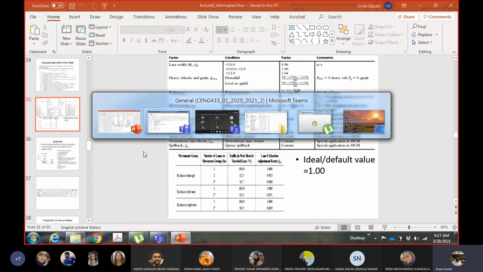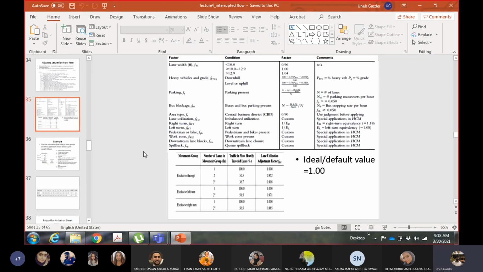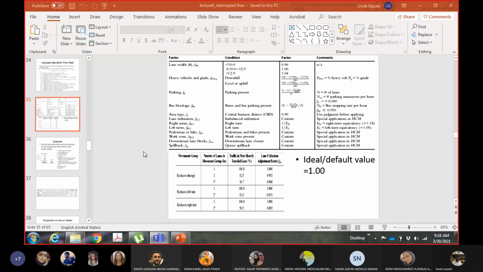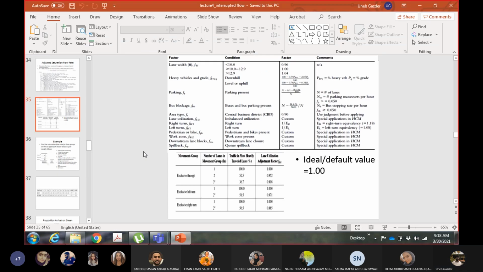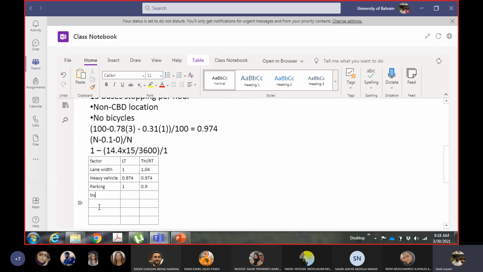We have 15 buses stopping per hour, so this is 15 divided by 3600, and this whole thing divided by n. So n is 1, no problem. How much is this factor? 0.94.